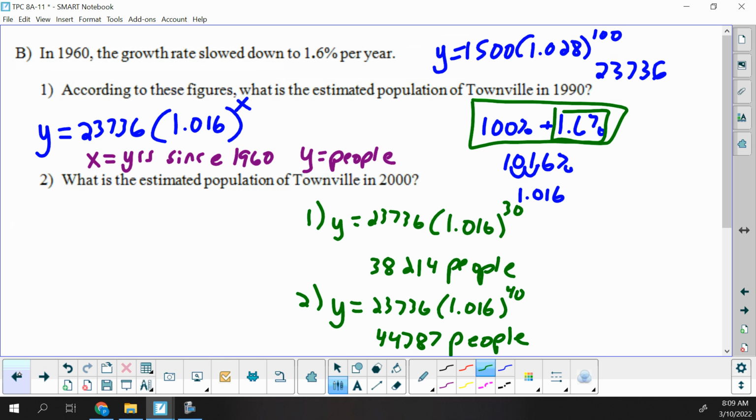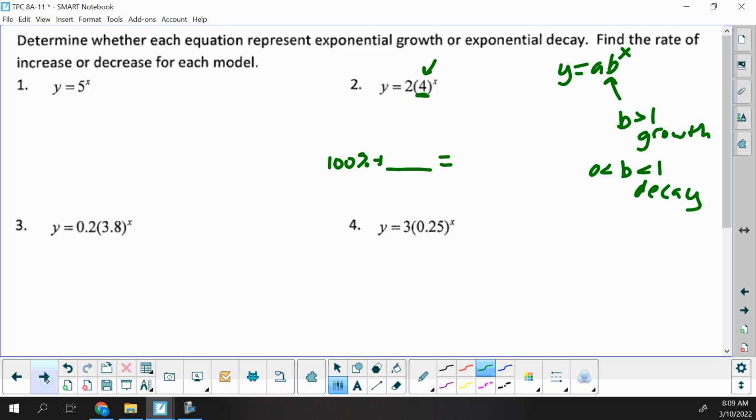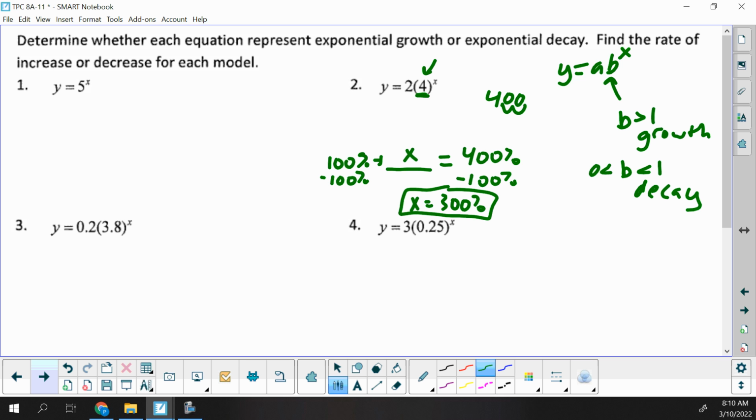Remember here, we moved the decimals 2 to the left. So we've got to move the decimal back 2 to the right. If you have 4 and move it back 2 to the right, that's going to be 400%. We want to know what this is, so we'll just call it x. If we subtract the 100% over, that's going to give us that it's 300% increase for our growth rate.